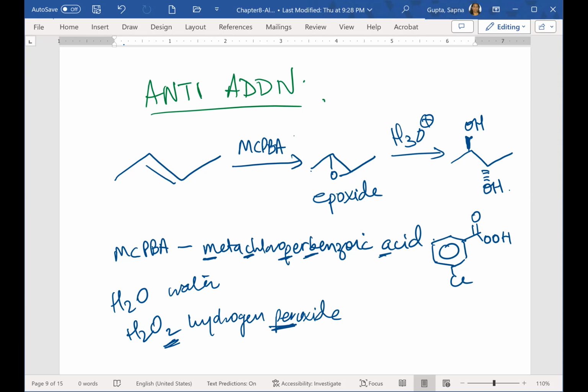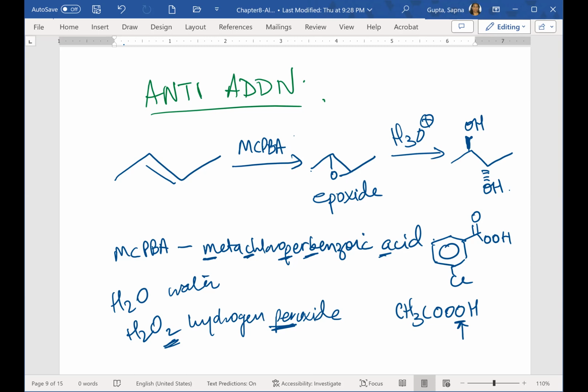You can also have peracetic acid, which would be, again, just 1 more oxygen in there. Anyway, so you take an alkene, you form an epoxide, and when you treat it with acidic water, that will give you anti-addition. So you still get a diol, but now you get an anti-diol.